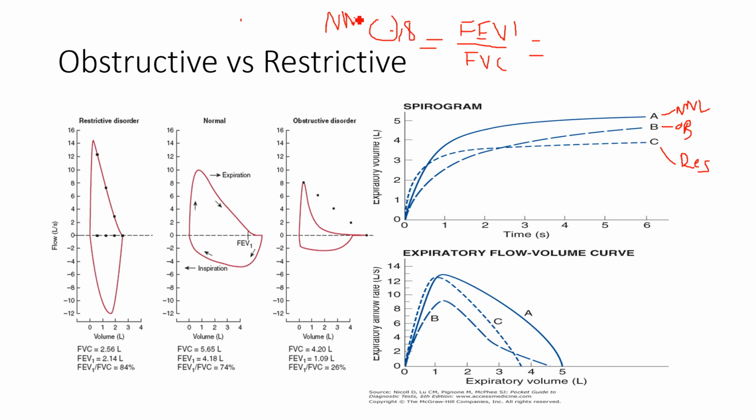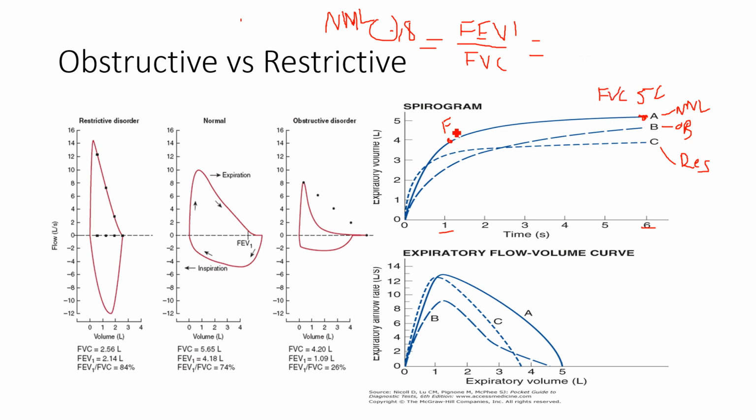So let's look at the volume here. This is an FVC, 6 seconds. They get out 5 liters in a normal healthy patient. So what was their value at 1 second? Well, that's about 4 liters. So this is FEV1 here. This is 1 second. This is FVC, 5 liters.